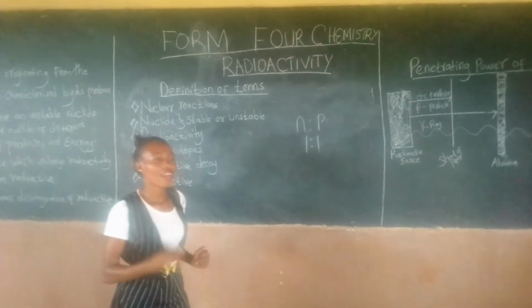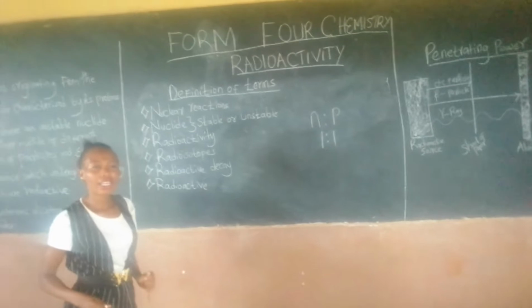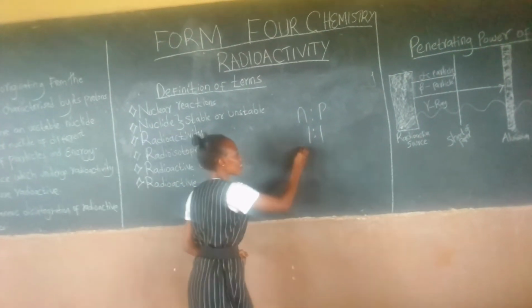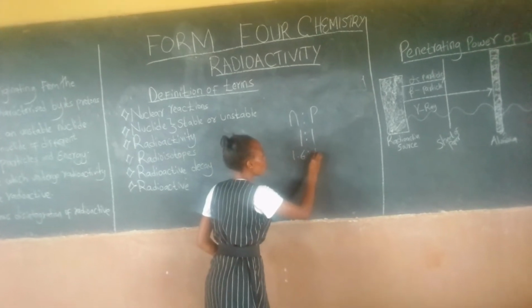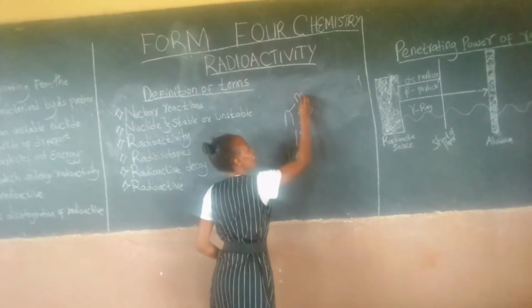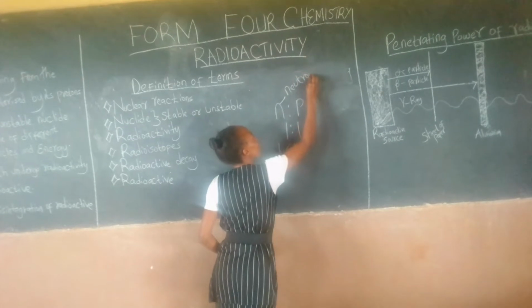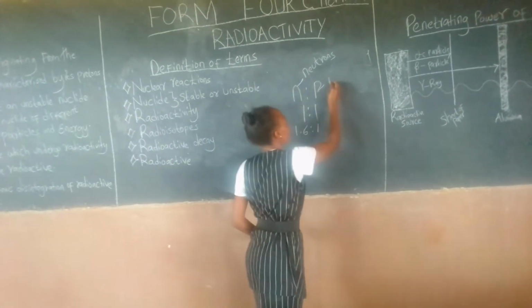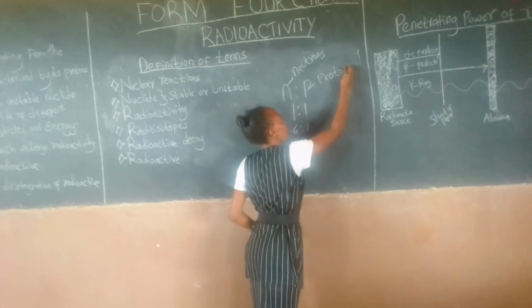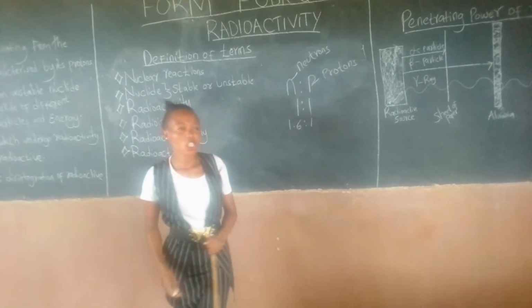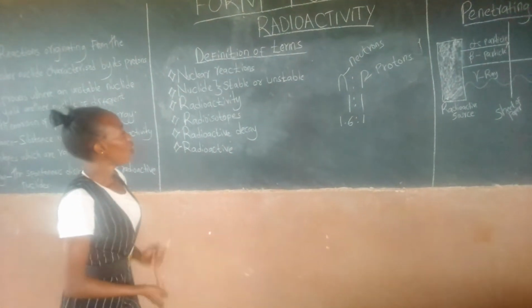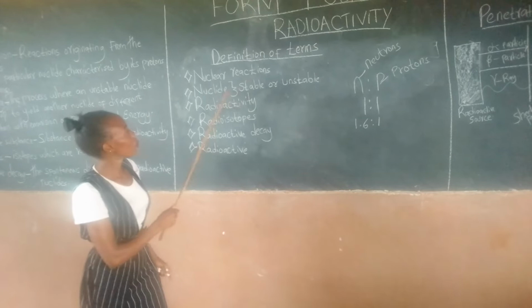That is the ratio of the most stable, and the stability goes up to 1.6:1, where N is representing the neutrons and P is representing the protons. So the ratio will be 1:1 for a nuclide to be stable.